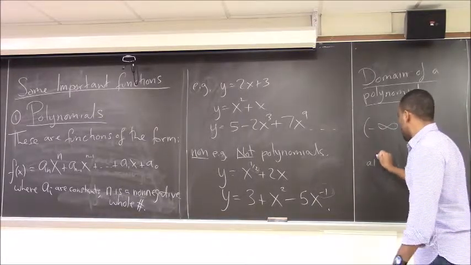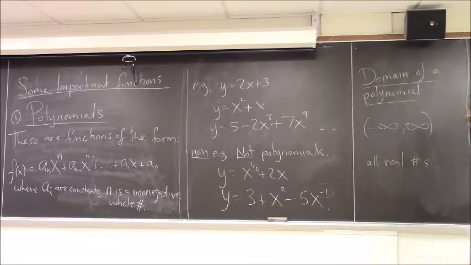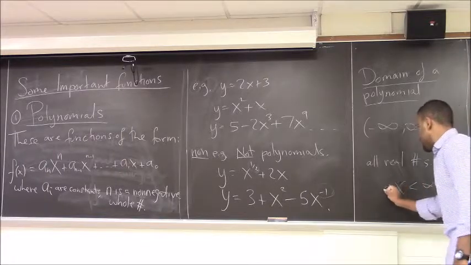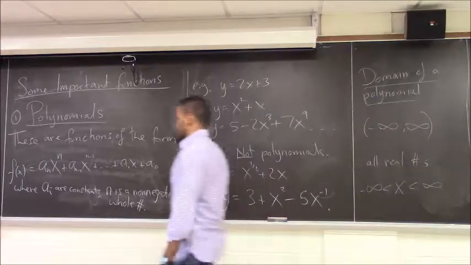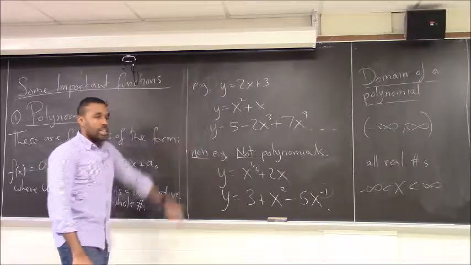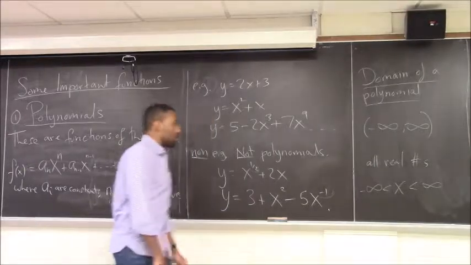This is to say any x that's between infinity and minus infinity, which is everything, can work here. So I can plug in any number on the number line and they will give me a meaningful answer. They will output a real number.